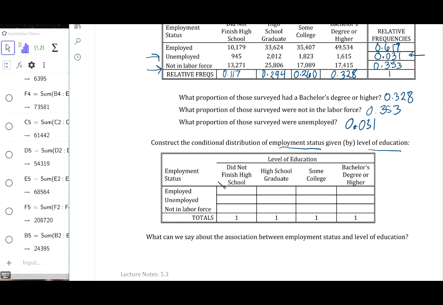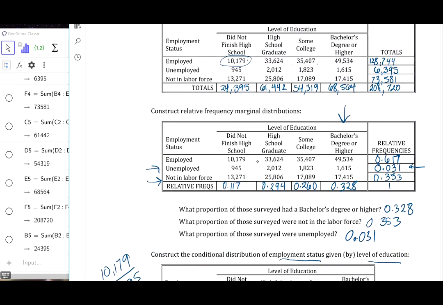And we're going to look to see if these are different across the different levels of education. So in this spot right here, what would go there is 10,179 divided by 24,395. And that proportion is 0.42. And similarly for the rest of that column, so now we're going to divide the 945 who are unemployed by the total for that column.